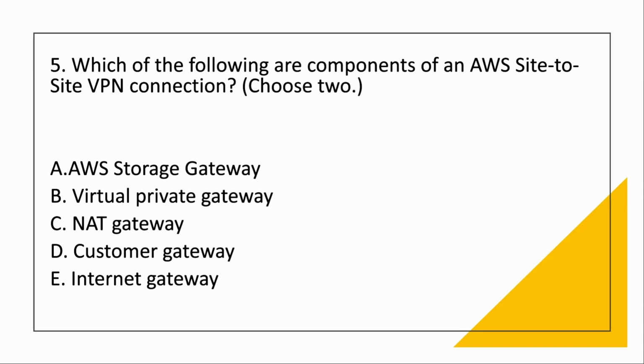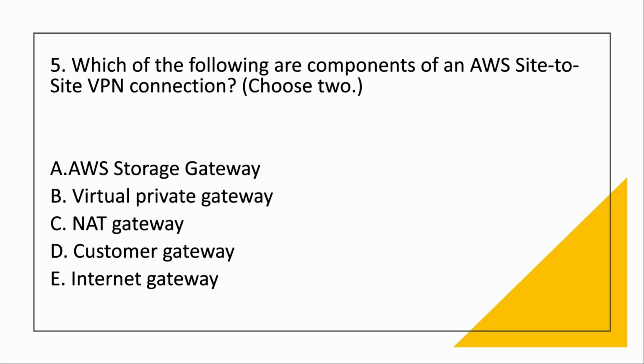Next, coming to virtual private gateway, the VPN endpoint on the Amazon side. The VPG is a VPN endpoint on the Amazon side of AWS. It is the AWS-side endpoint that can be attached to a single VPC.